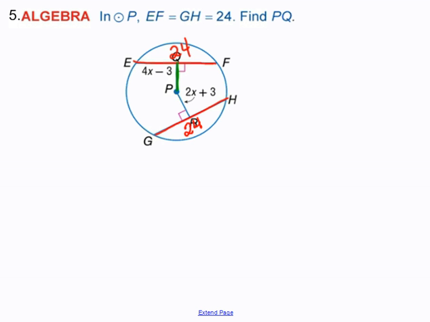So we're going to have to do a couple of steps. We're going to first have to figure out what x is so that we can plug it in to get a measurement for PQ. I notice here that 4x minus 3 is on one side of this chord. I'm going to put it on the other side of the chord too.